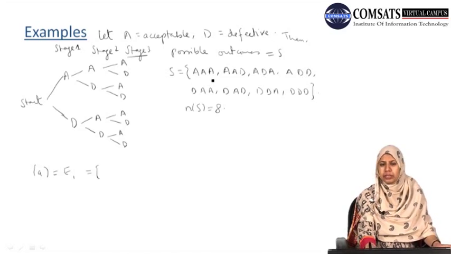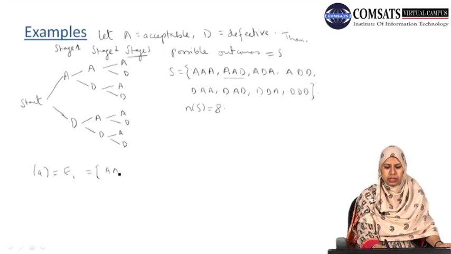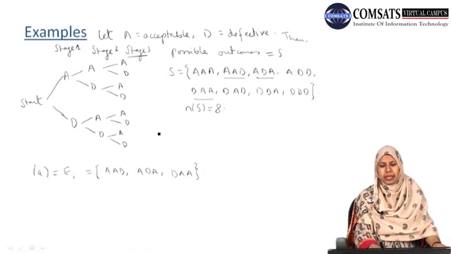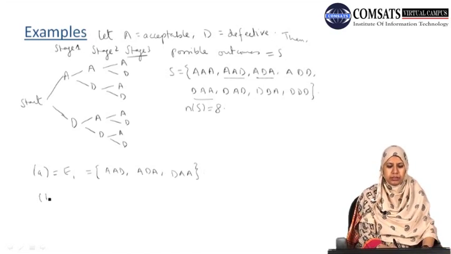We have to find the outcomes which contain only 2 acceptable parts. So the possible outcomes will be AAD, ADA, and DAA. So these are the possible outcomes which satisfy the condition that the product has exactly 2 acceptable parts. Okay, so this is our event E1.